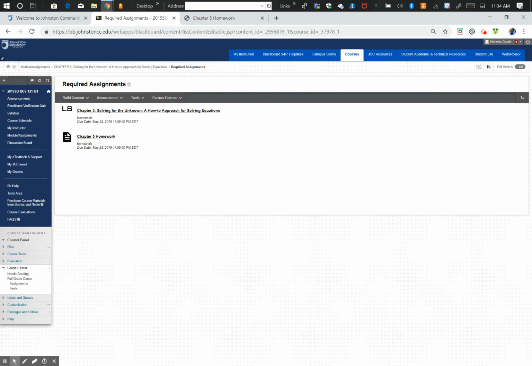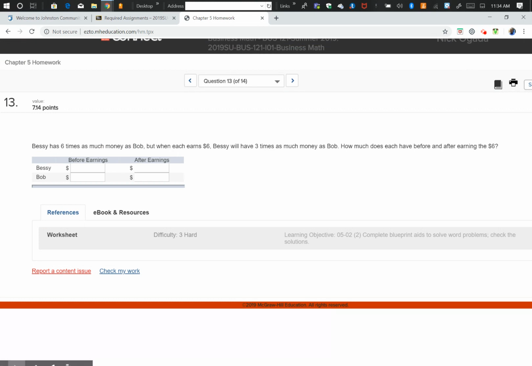So let's jump into the chapter 5 homework problem, and that is question 13. We've been told that Bessie has 6 times as much money as Bob, but when each earns $6, Bessie will have 3 times as much money as Bob.